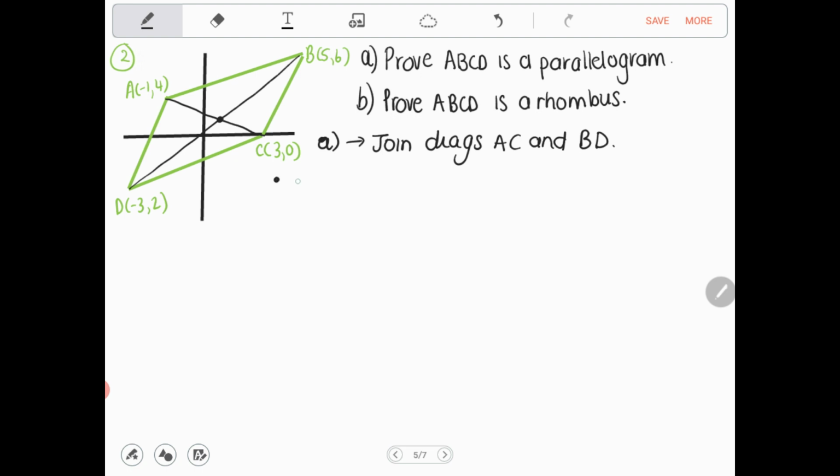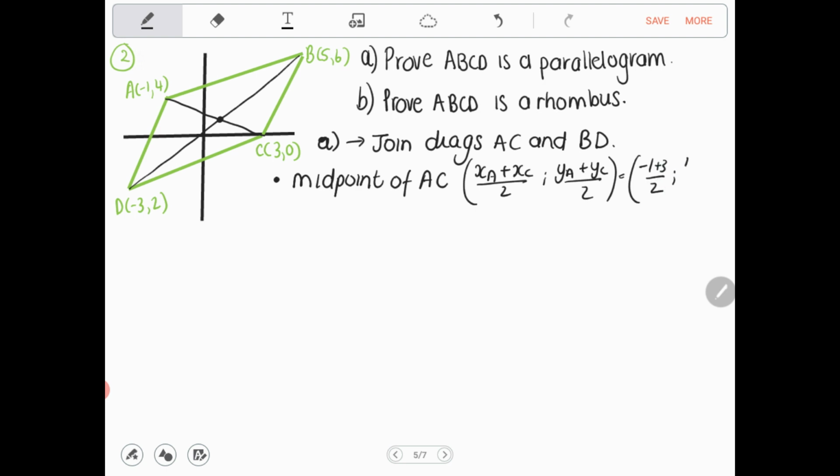Okay, so the midpoint of AC is going to be the x at A plus the x at C over 2 and the y at A plus the y at C over 2. So that's going to be -1 plus 3 and 4 plus 0 over 2. So the midpoint of AC would be 1 and 2.